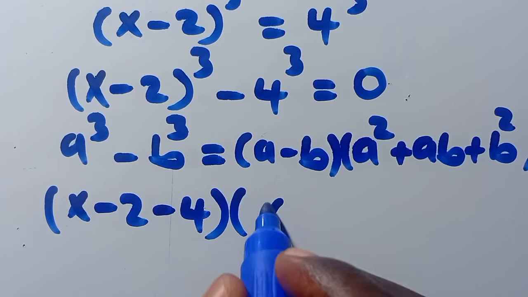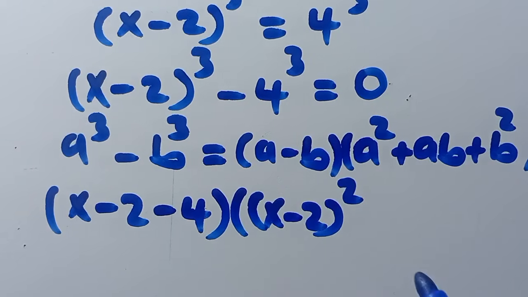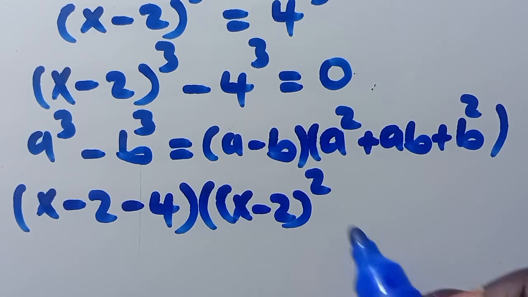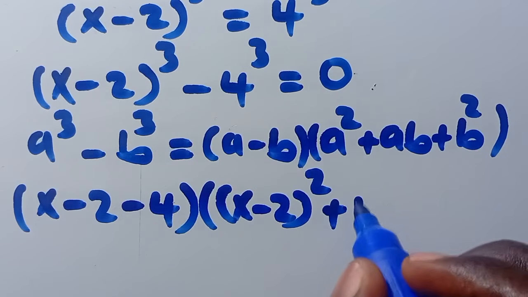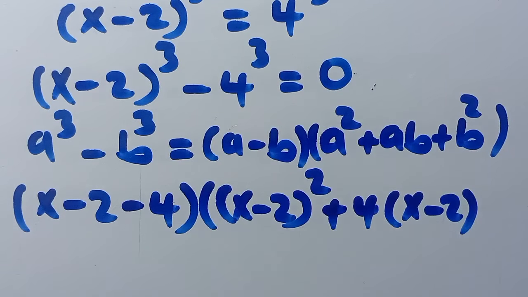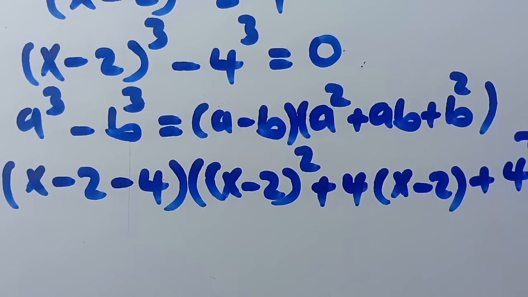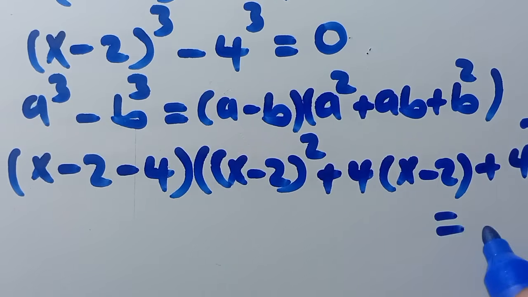Times this will be (x - 2)^2, then plus 4 times (x - 2), then plus 4^2, everything equals 0.